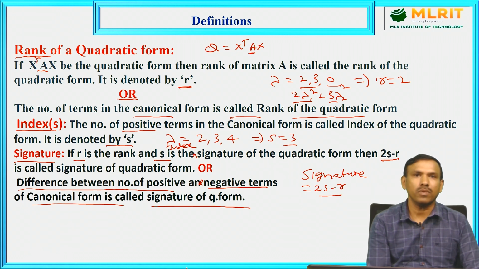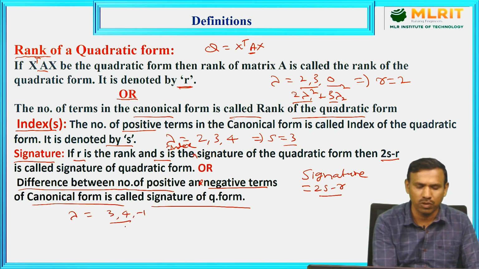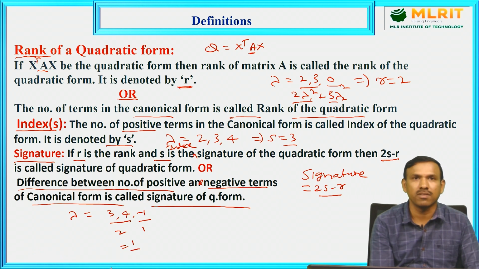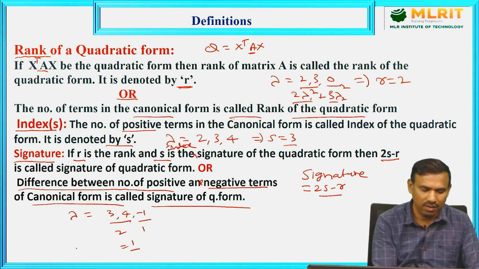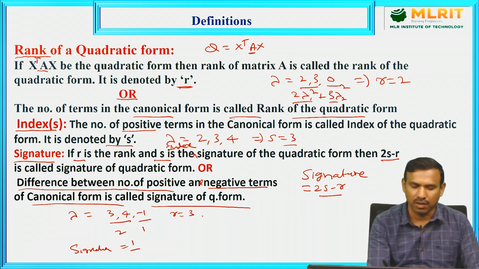Example: let us say lambda is equal to 3, 4, minus 1. Here the number of positive terms is 2, the number of negative terms is 1. The difference is equal to 1, which is called the signature. Otherwise, our original formula: here the rank is 3. Next, index S is equal to the number of positive terms, 2.